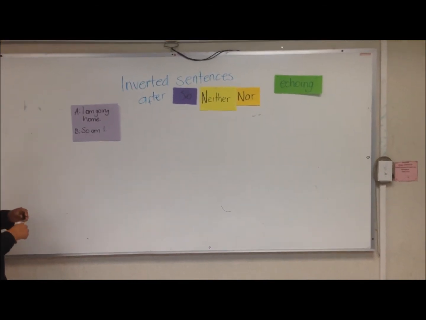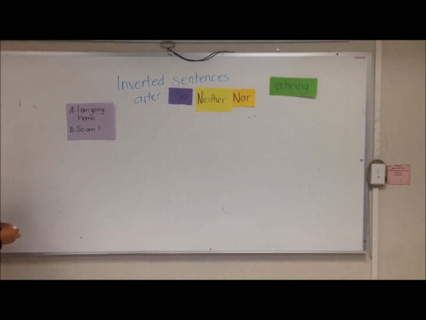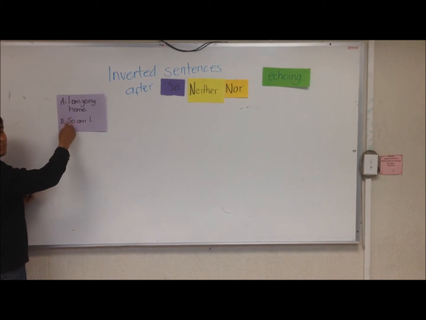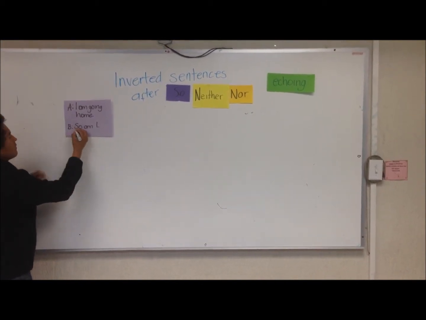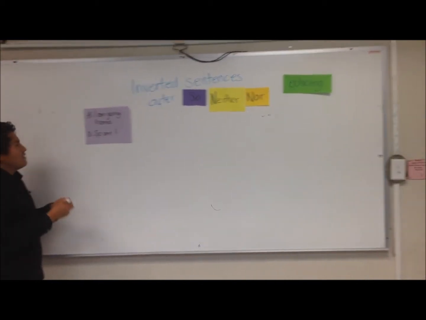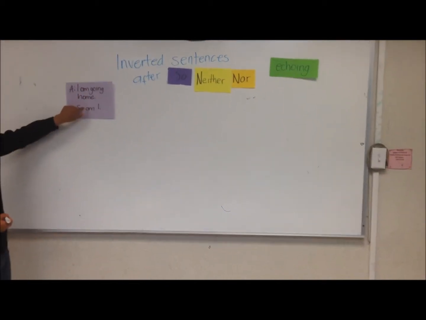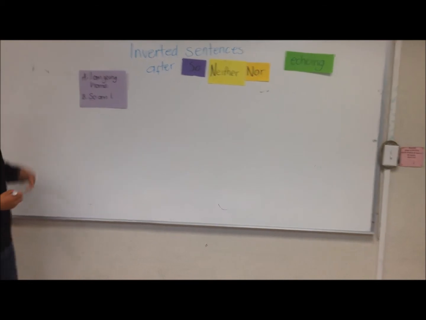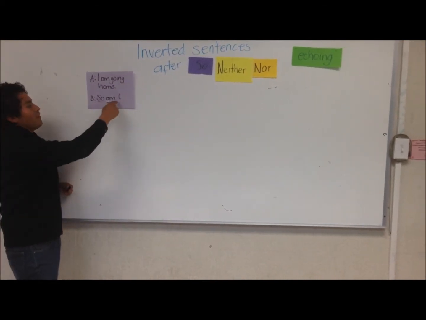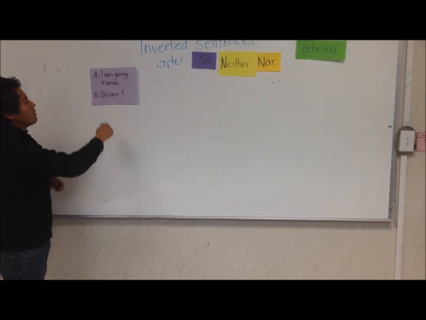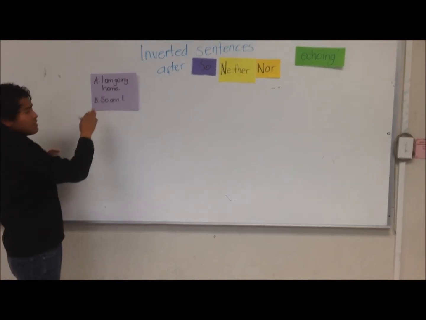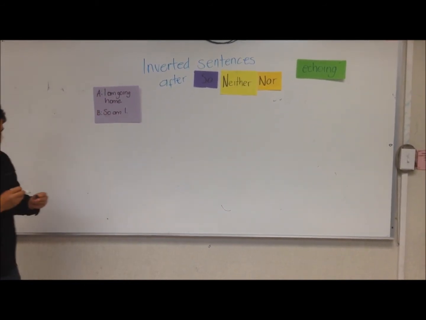Here, the inversion consists of writing our word so first, then our auxiliary verb, which is am, because it's verb to be, it's working as an auxiliary verb. And finally, we have our subject, which is I.